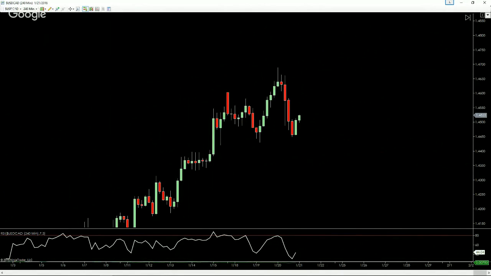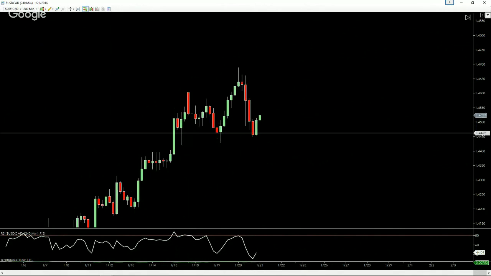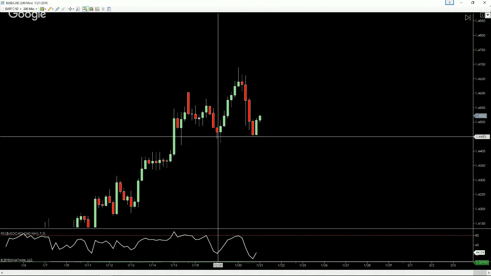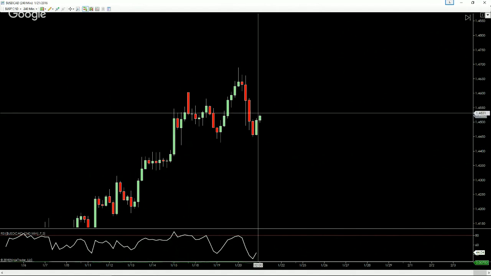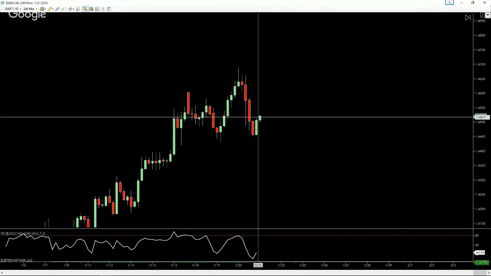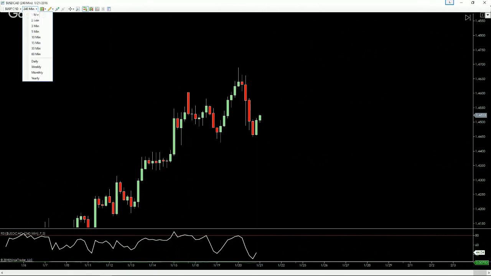Now it looks like price has found some sort of structure support right here. What I would be paying attention to throughout the day today is for price to come back down, retest this structure level, and I can find a way to get long.